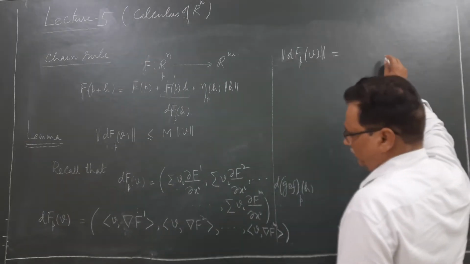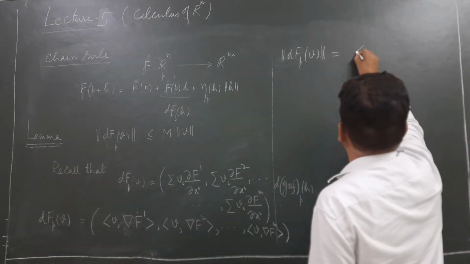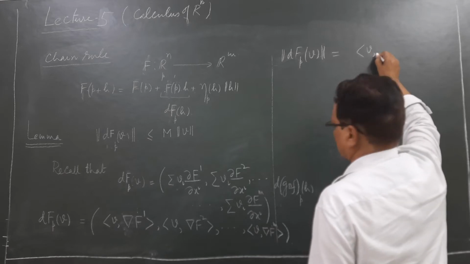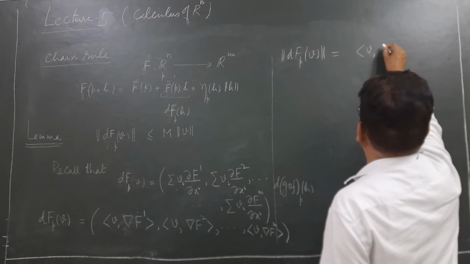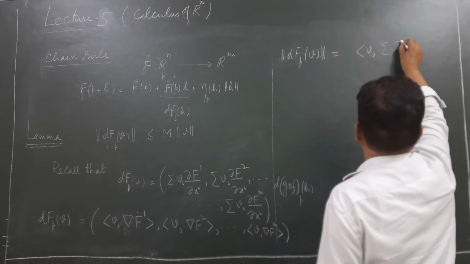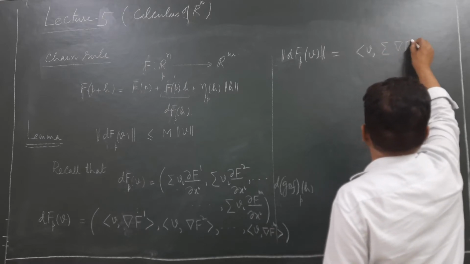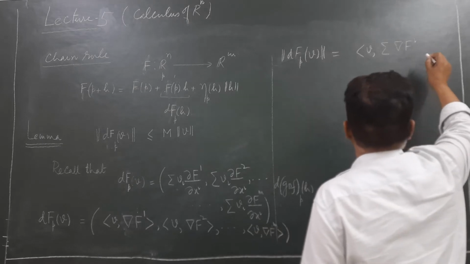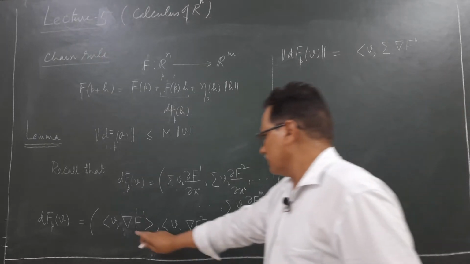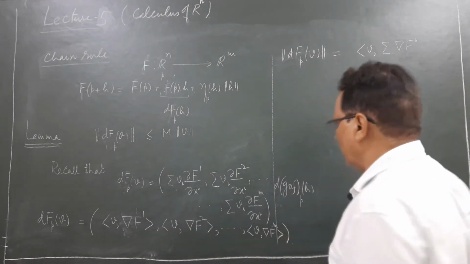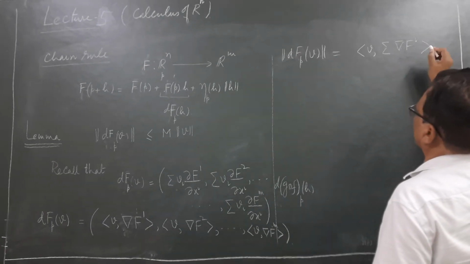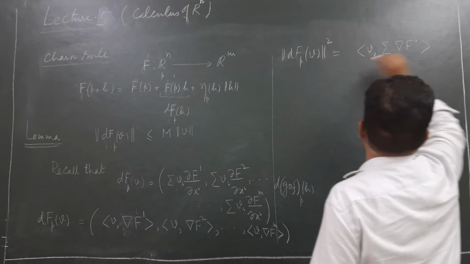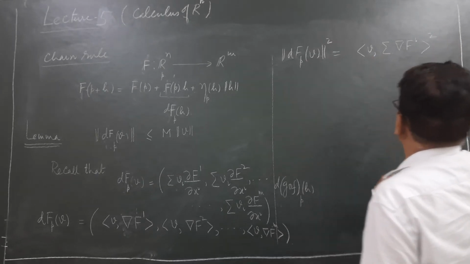So it will be equal to the summation of the squares of del fi. Okay. This plus this plus this and so on, and with every one you have to consider the vector.